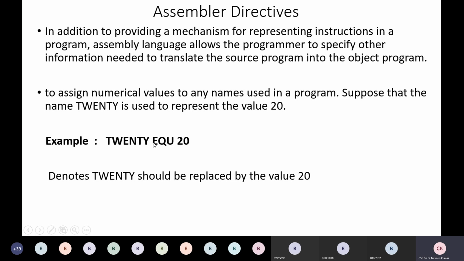Something like pi EQU 3.14, we can use like this. Pi EQU, this is a keyword, equal to 3.14. So wherever you use pi, it will be replaced by the value. So these are the assembly directives. You can go through the textbook and learn a few more directives. In short, I have given you the assembly directives.